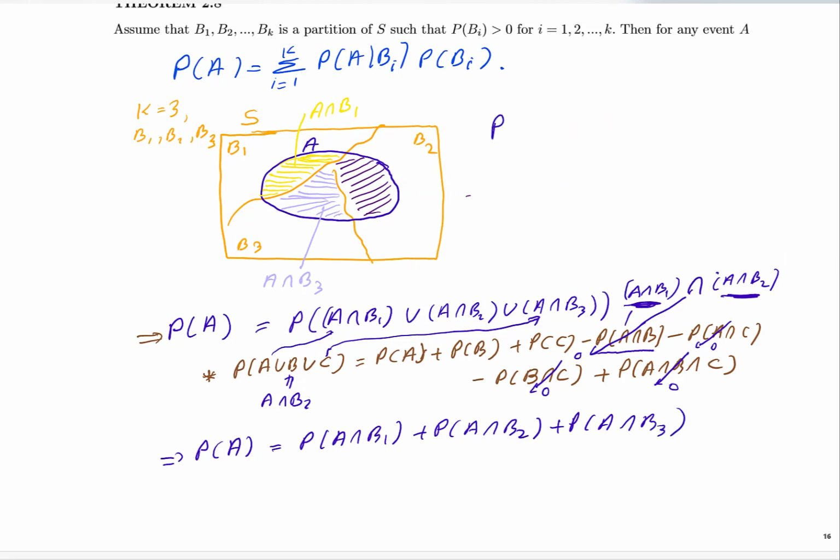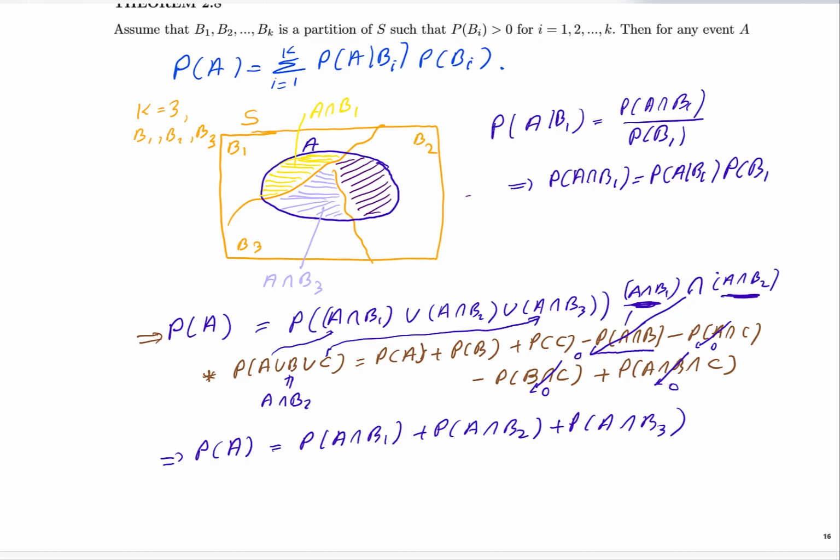So probability of A given B1 equals probability of A intersection B1 divided by probability of B1, right? So using simple math, you can write P(A intersection B1) equals P(A given B1) times P(B1). So use that over here.